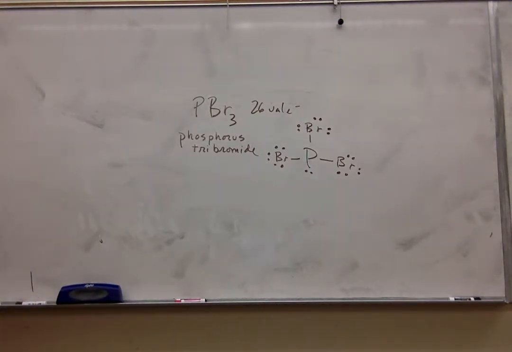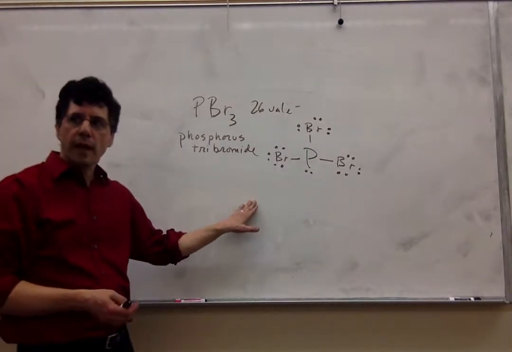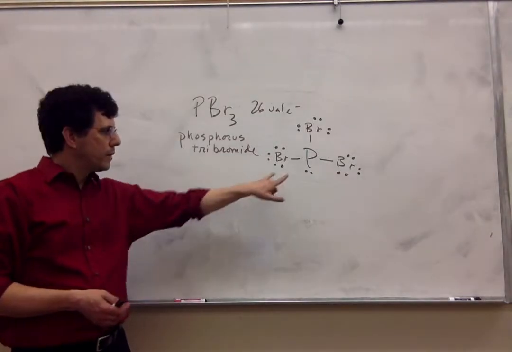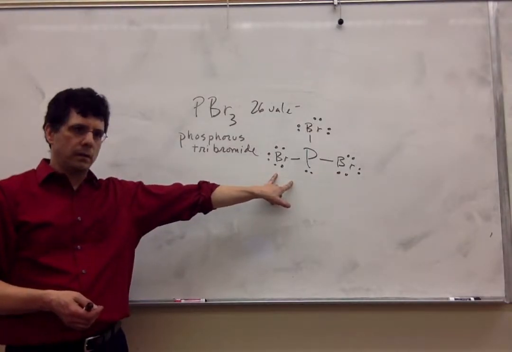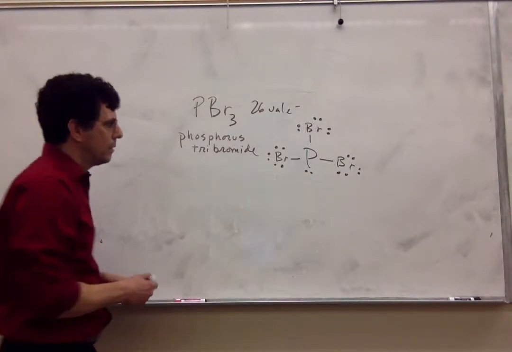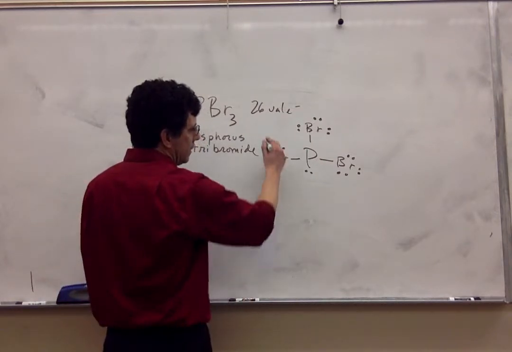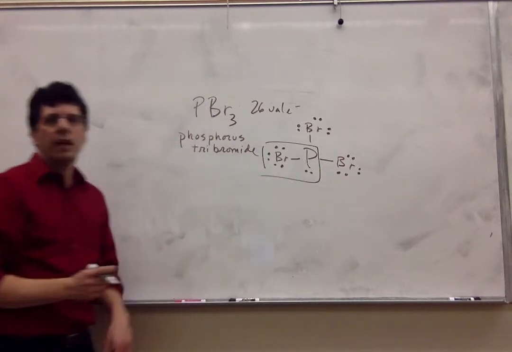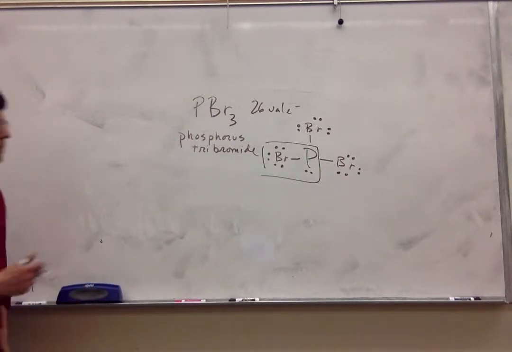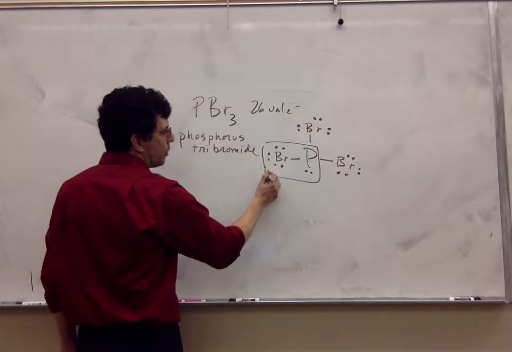And the first thing we want to look at, once we've got that Lewis structure, that's your first task. Get that done. Now we can start to assess the polarity of the bond. In this case, the bond is all the same. It's a phosphorus-bromine bond, but we want to assess how polar that is.